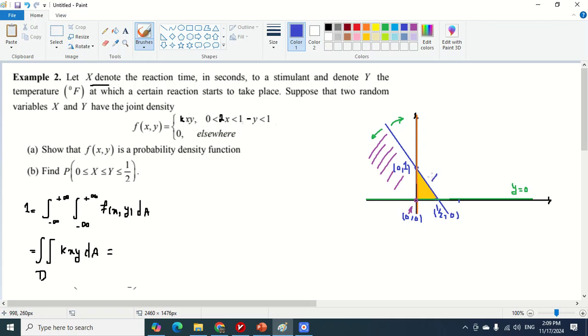One line given over here as a straight line is 2x equal to 1 minus y, and the other sides are given by other equations. One of them is the vertical line x equal to 0, and the other is a horizontal line y equal to 0. So we determine the region clearly right now, and we can calculate the integral.